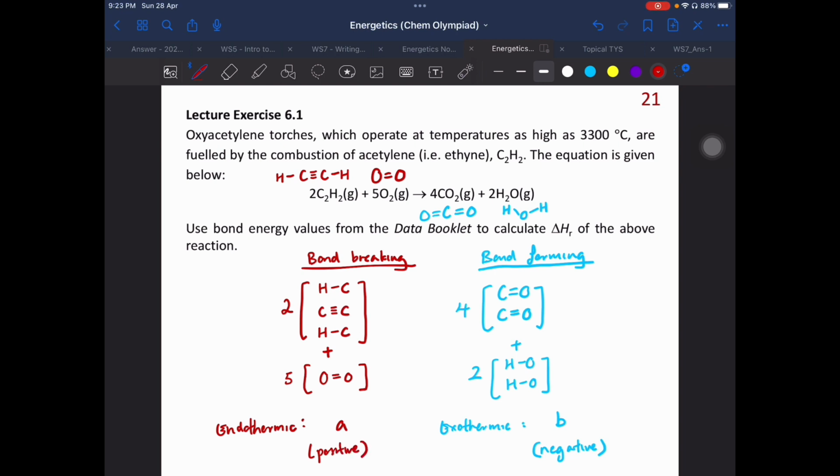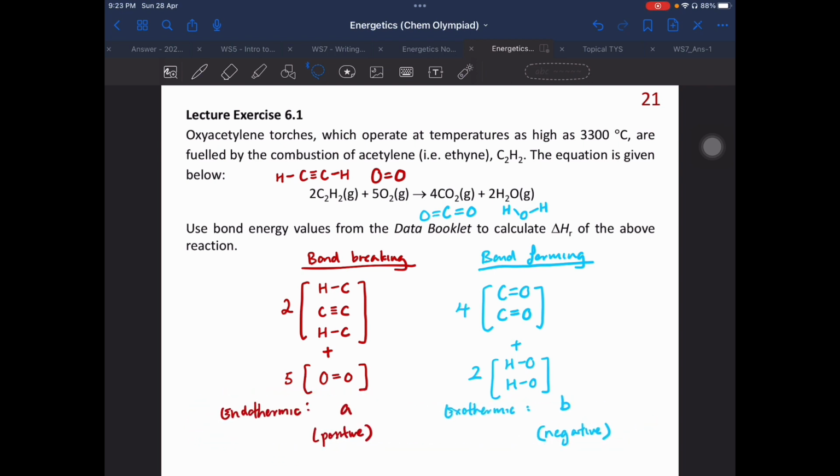So now when you have these 2 sets coming together, that's where you can apply your formula, which you have already learned in your current O-level syllabus. If not, you can apply Hess's law, the Born-Haber cycle. So same thing over here, we'll end up with A plus B, provided that B we know is a negative value because exothermic, and A we know is a positive value.